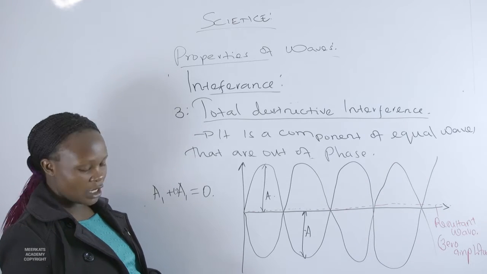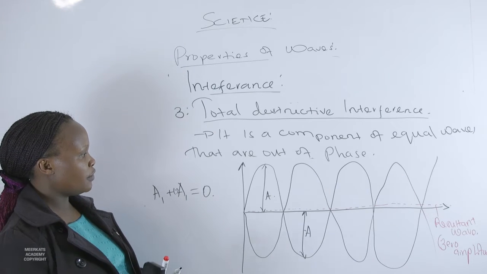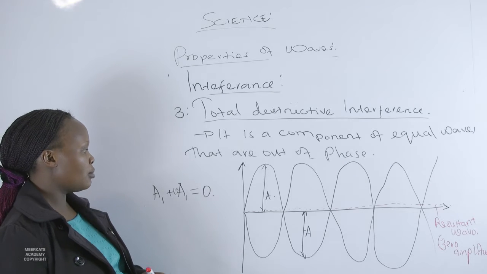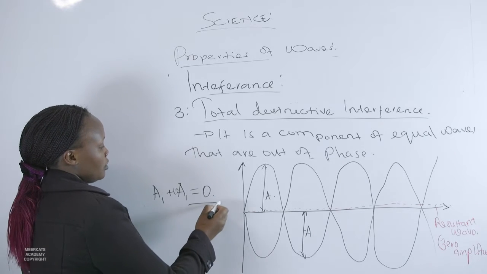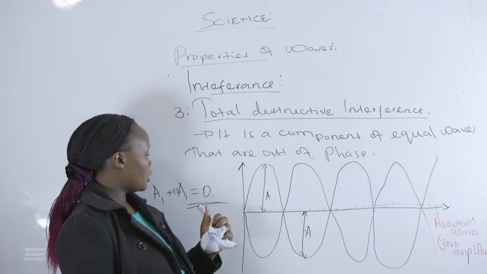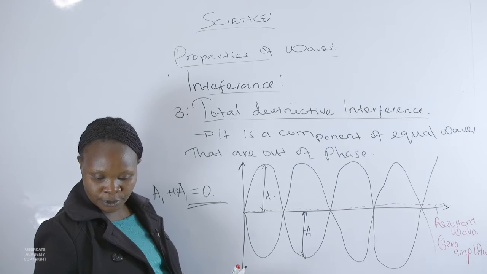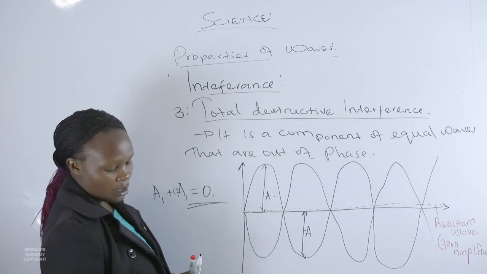That way we have total destructive interference having taken place. So that now the last wave we are going to generate is going to have 0 amplitude.